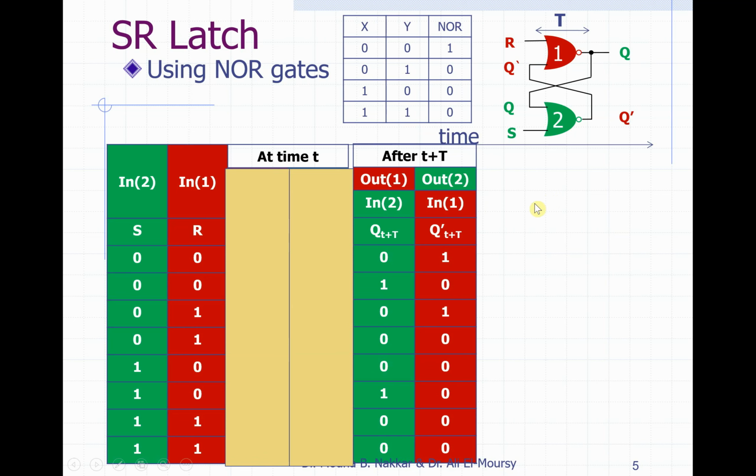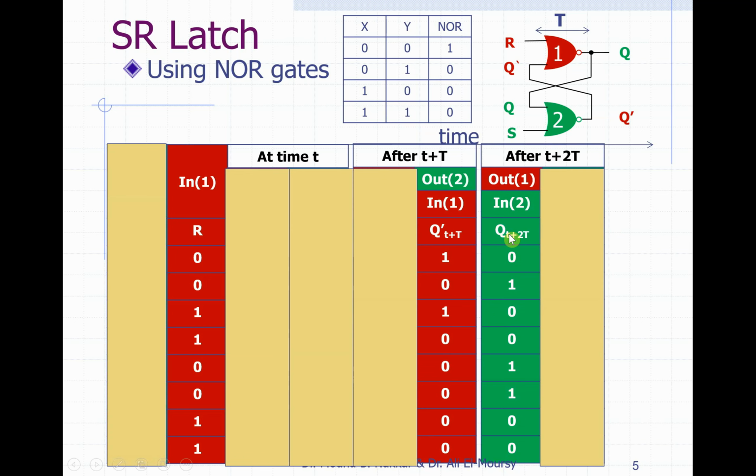Now we have S and R external inputs, and we have internal feedback at T plus tau, Q and Q bar. Can we repeat this process again? The answer is yes, similar to what we did before.